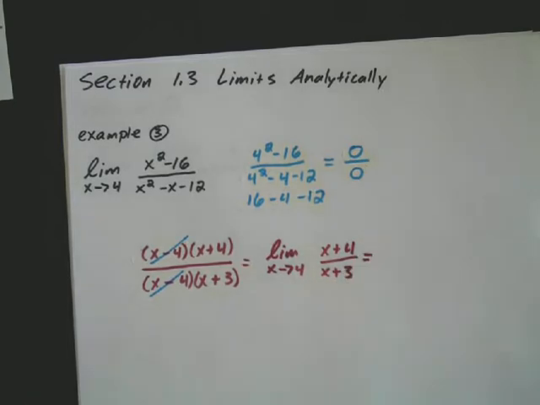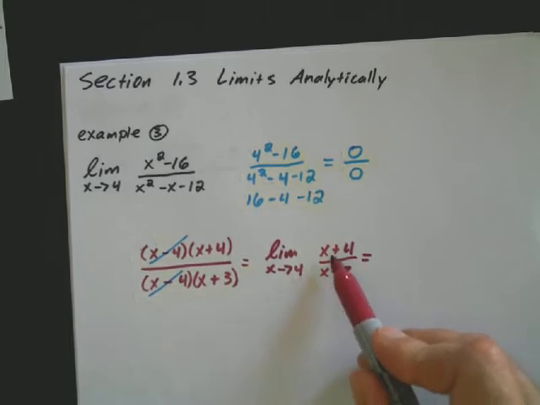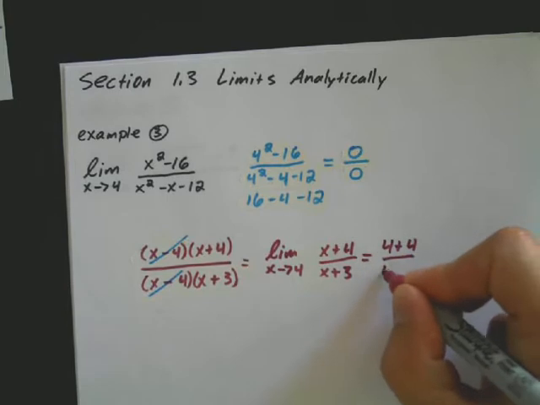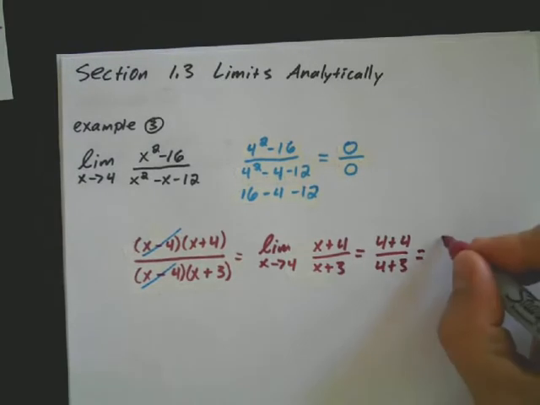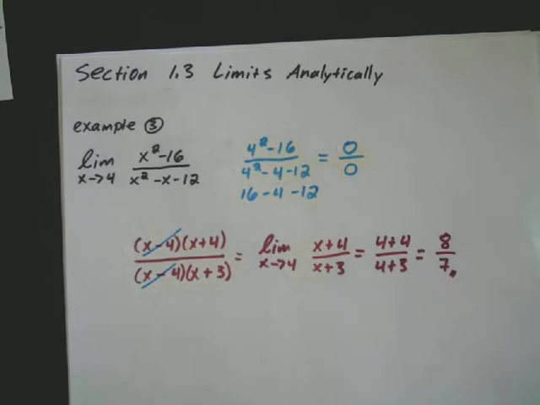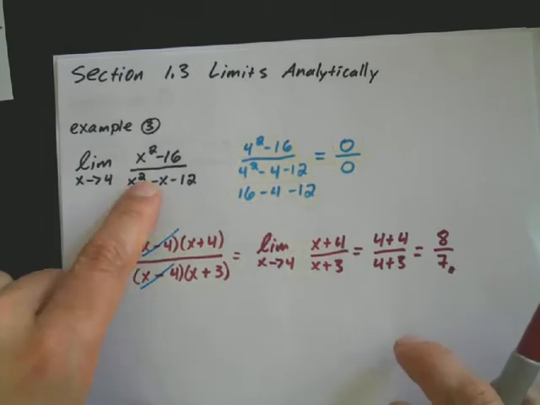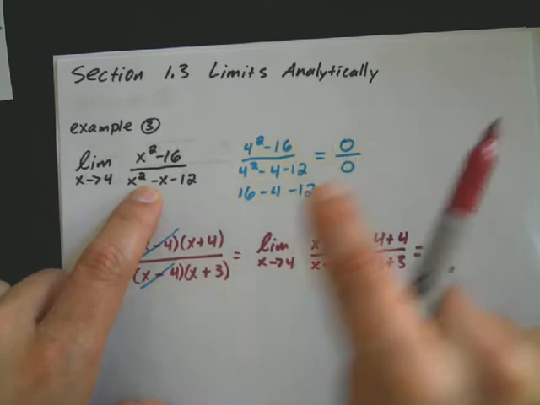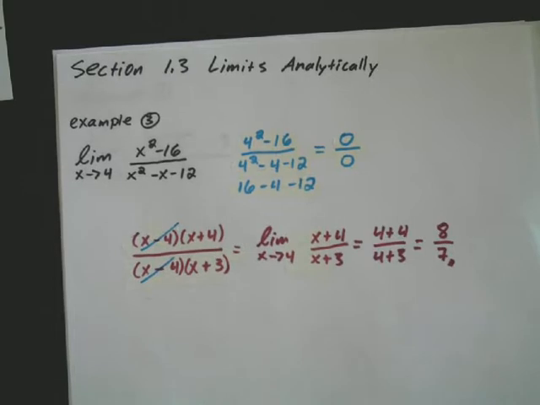And again, the same strategy applies in the sense that I now am going to just substitute 4 into x and get 4 plus 4 in the numerator, and 4 plus 3 in the denominator, and that's going to give me my answer of 8 over 7. So the answer to this initial problem, which left in this way gets me 0 over 0, when I simplify it, is 8 over 7, and that's my limit.